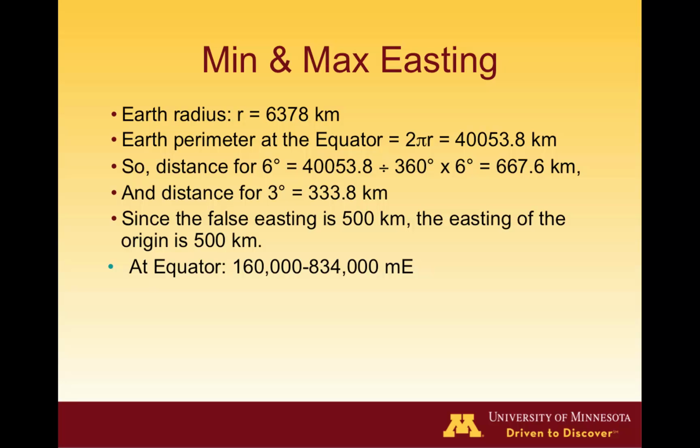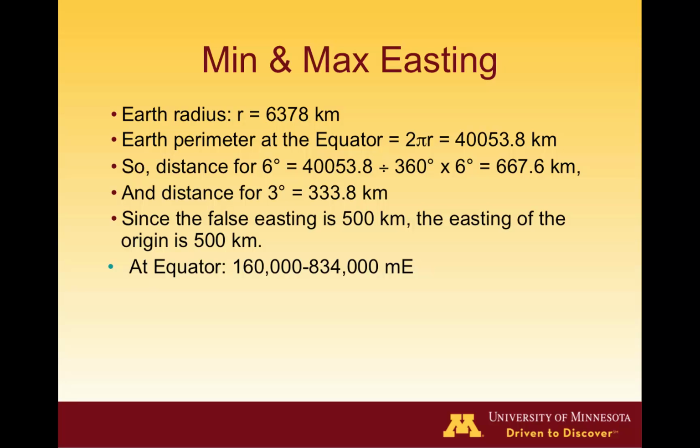So how to calculate this min and max easting for the equator? We know that the Earth's radius is approximately 6378 kilometers. So we know that the Earth perimeter at the equator is 2 pi r, which gives you 40,000 kilometers.